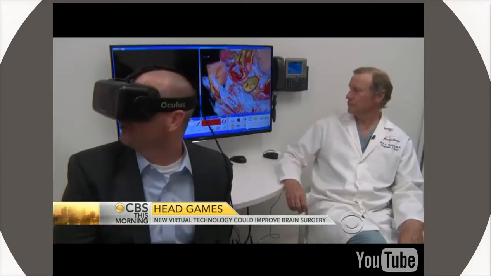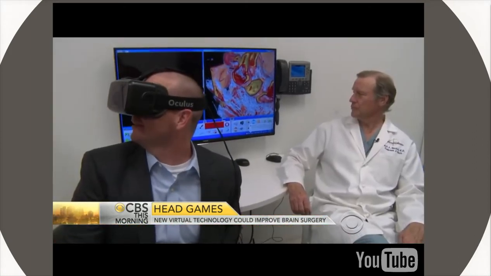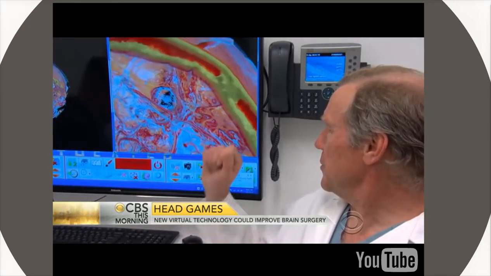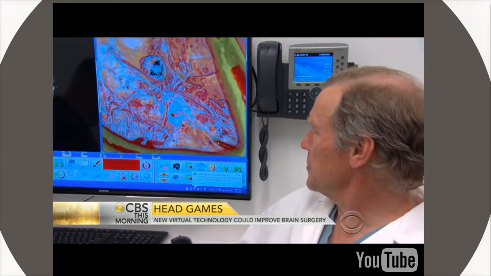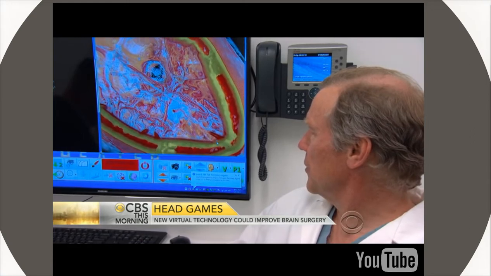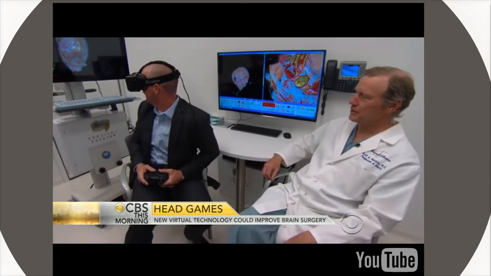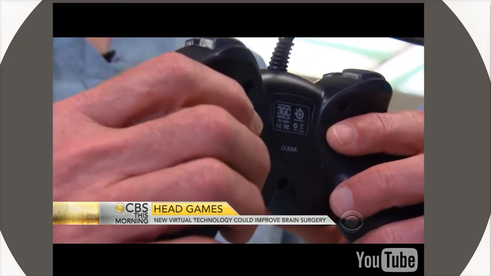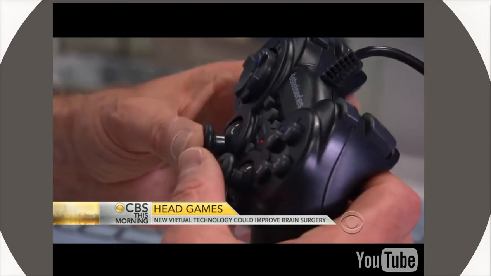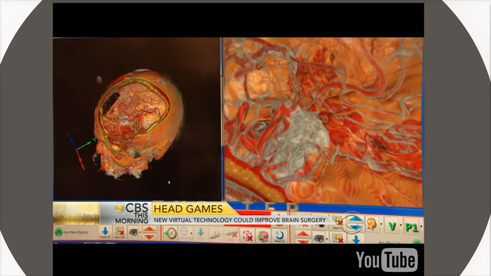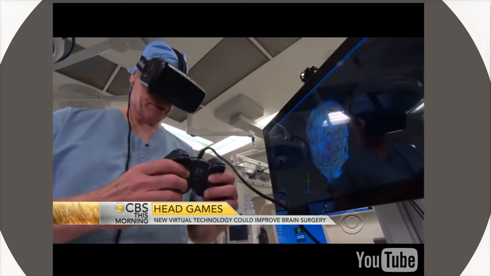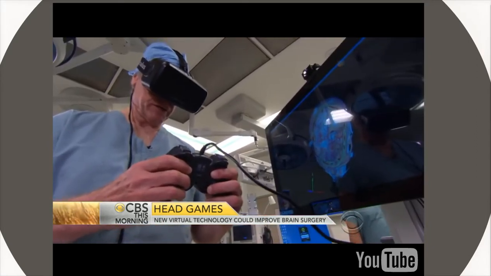So it's like the convergence of gaming and life saving. Dr. Martin has used the scans of former patients to practice using the virtual technology. We're still waiting for flying cars, but now we have flying surgeons. And within weeks, he plans to be the first neurosurgeon using these virtual views to save real lives. For CBS This Morning, Cara Finstrom, Los Angeles.